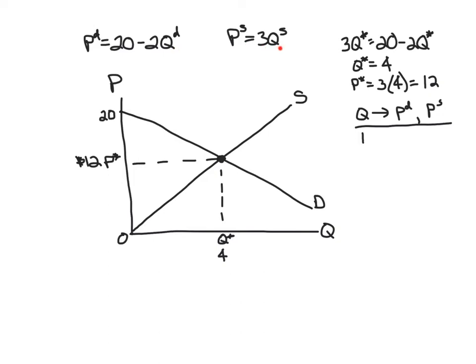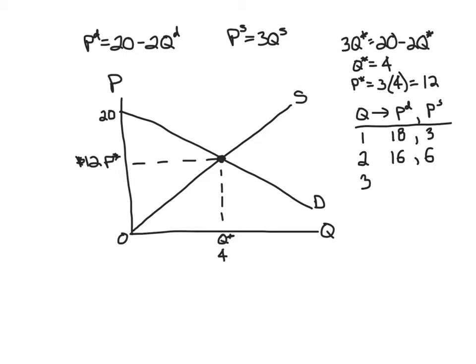For the supply curve, 3 times 1 is 3. So let's put that in. 18 for the demand price, 3 for the supply price. Okay, if we plug in a 2 into each equation, the demand curve spits out 16, and the supply curve spits out 6.